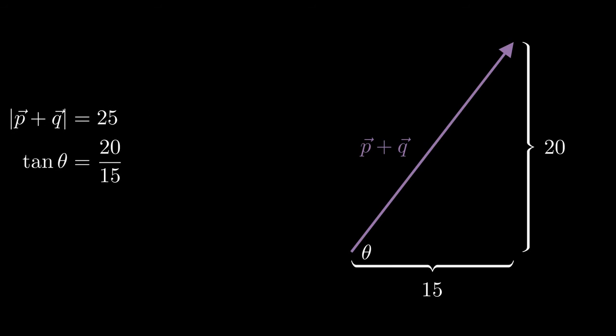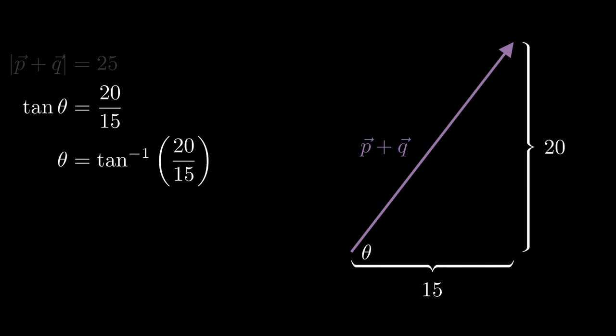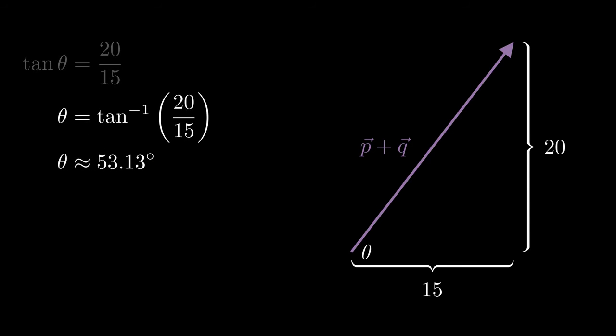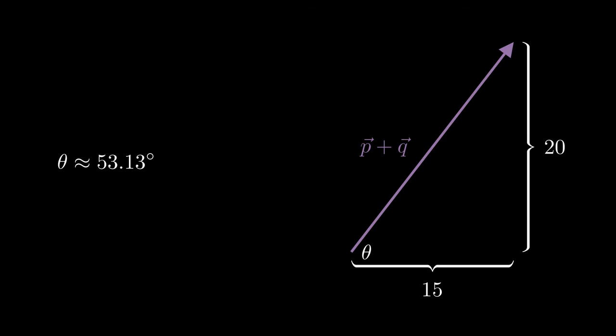And then with your calculator, you get the inverse of the tangent, and that is 53.13. You could round that off to 53.1. Okay, so that's a vector question. I hope that you can see that that's doable.